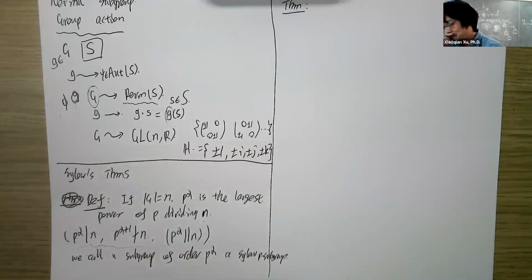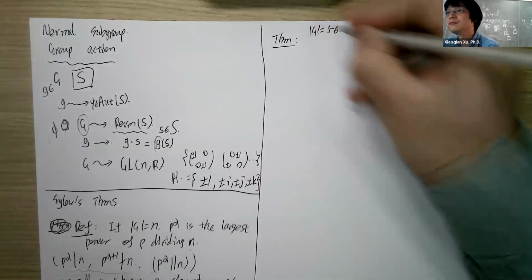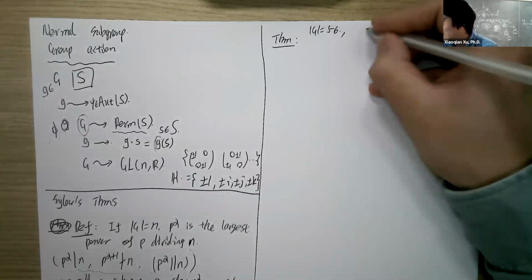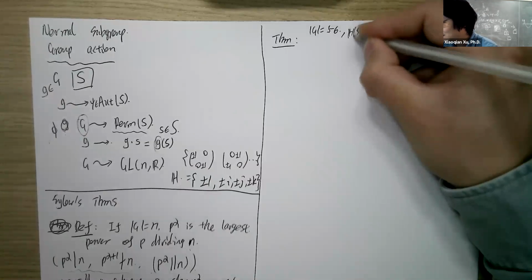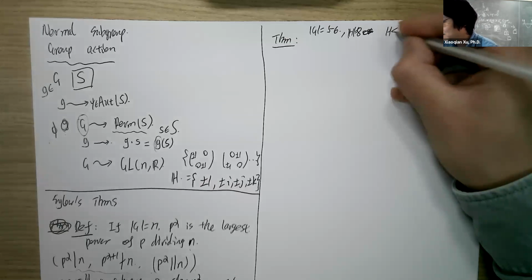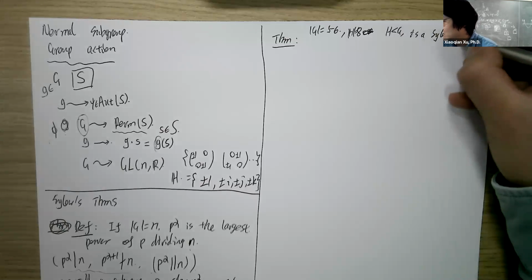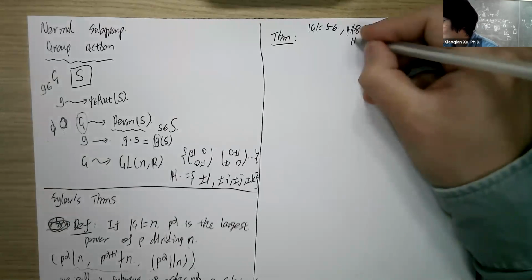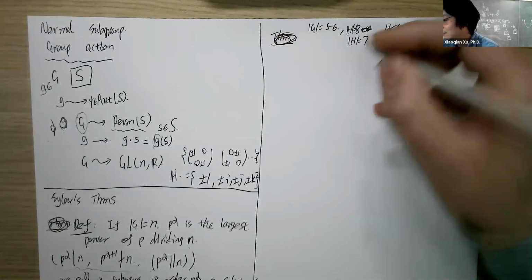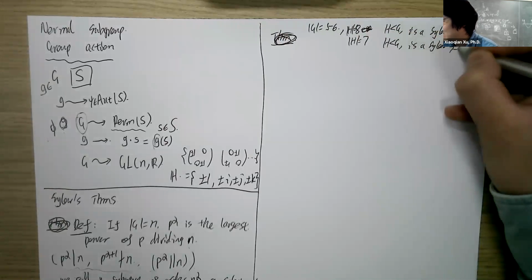For instance, if you have a group of order 56, then a subgroup of order 8 is a Sylow 2 subgroup, and a subgroup of order 7 is a Sylow 7 subgroup.